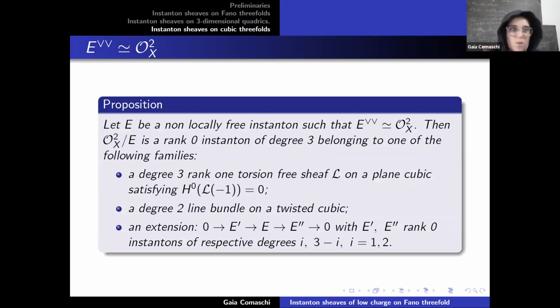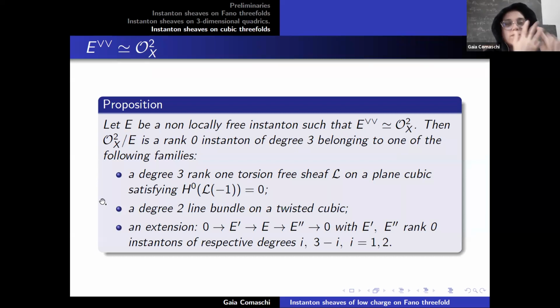In the case where the double dual of a non-locally free instanton is trivial, then this quotient is a rank 0 instanton supported on a curve of degree 3, in other words, a rank 0 instanton of degree 3, and it must belong to one of the following families.